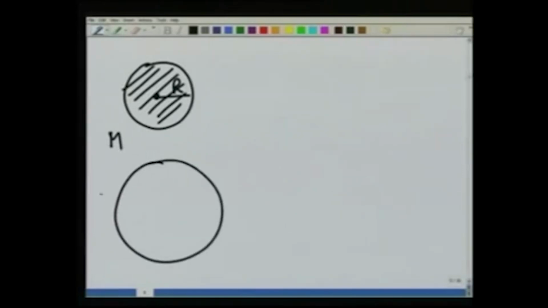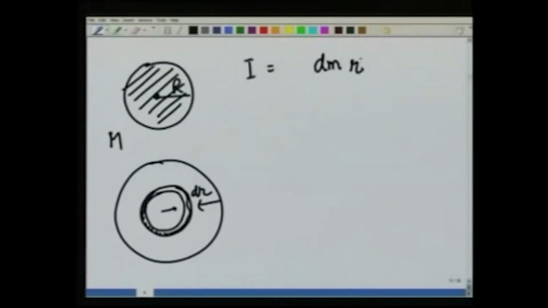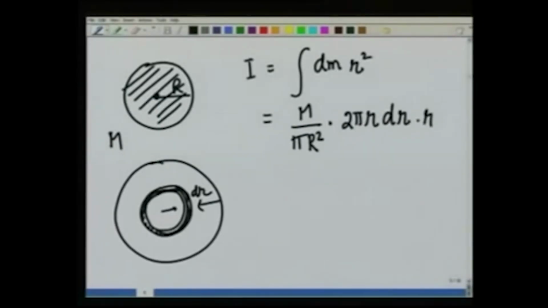What I can do for this is divide the disc into small rings of width dr. Then the moment of inertia for the disc, if its mass is dm, is going to be dm r square, and if I integrate this, it gives me the moment of inertia for the disc. dm is going to be mass per unit area of the disc, which is m divided by pi r square, times the area of this small section that I have taken, and this is going to be 2 pi r dr times r square integrated from 0 to r.